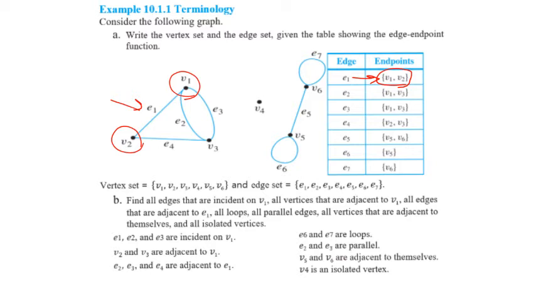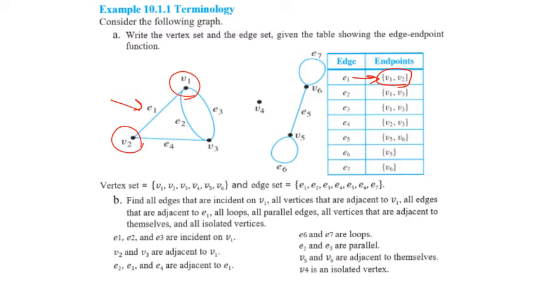So the edges E2 and E3 are incident on V1, and the edge E4 is incident on V2. So the set of edges E2, E3, and E4 are adjacent to E1.